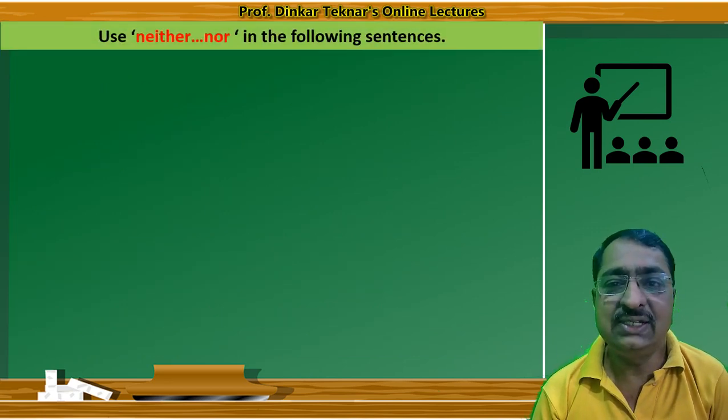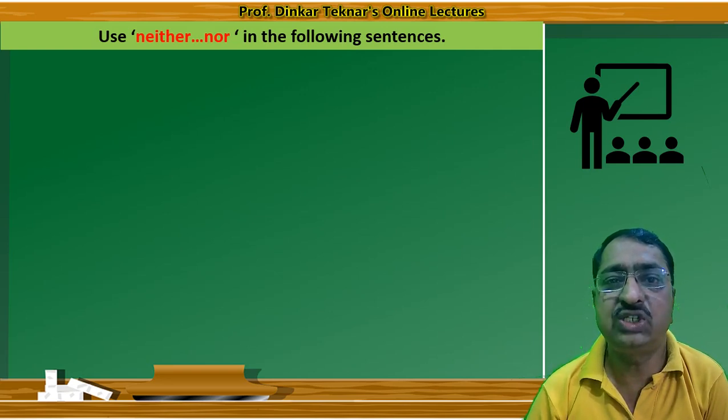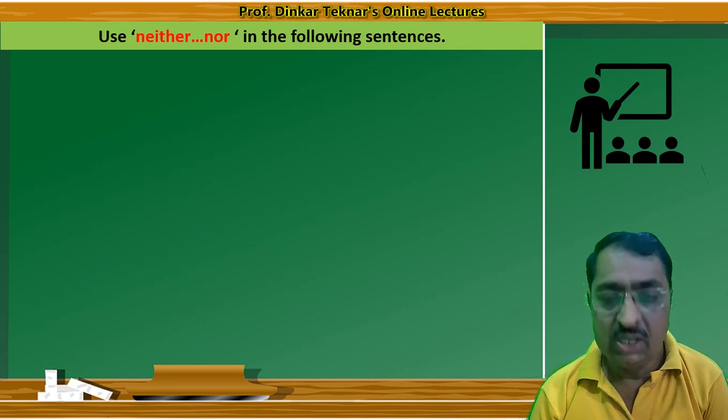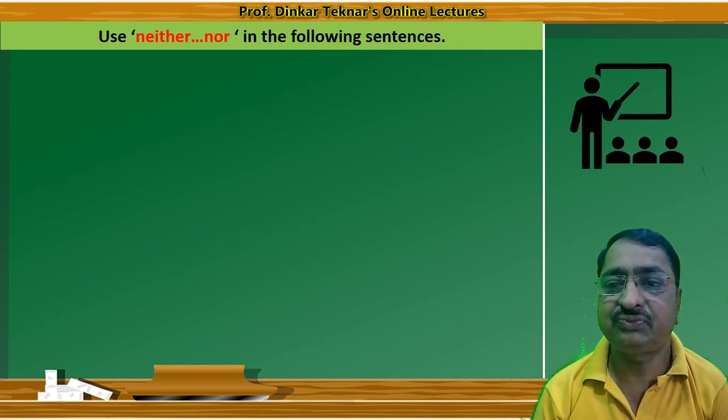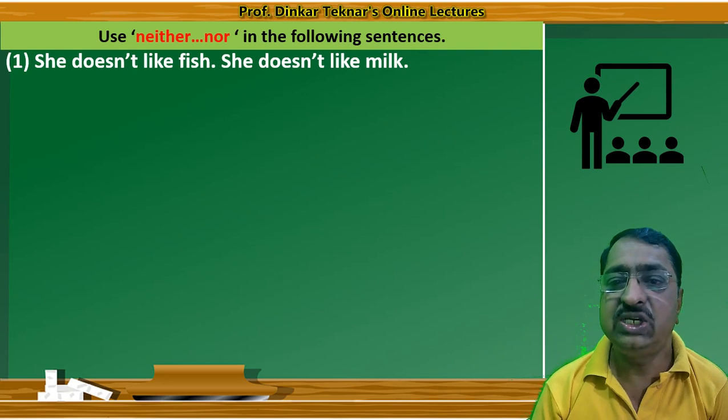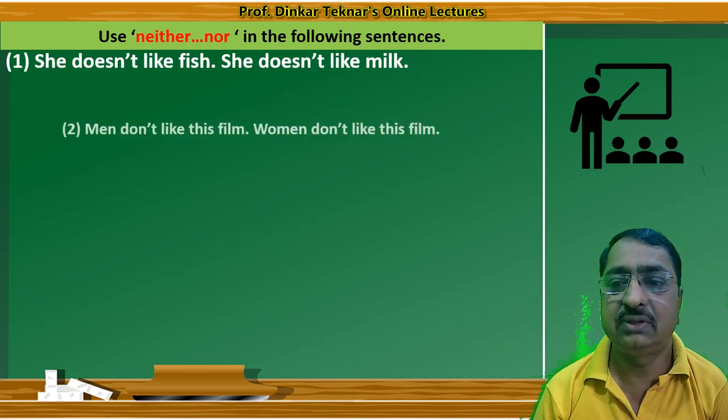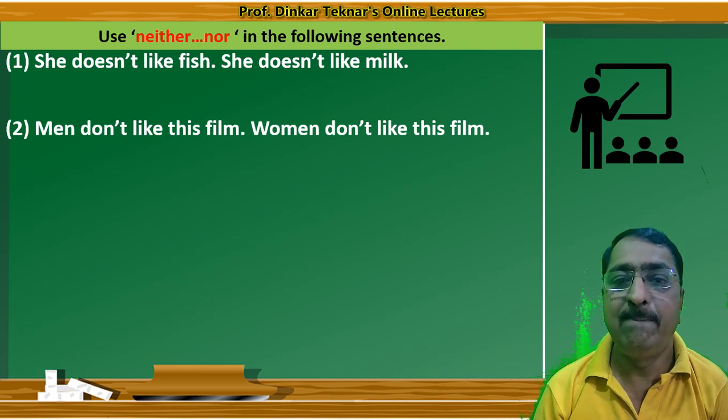Now use neither...nor in the following sentences. In each of the following sentences, two negative objects are given. So see the sentences first. She doesn't like fish. She doesn't like milk. Second sentence. Men don't like this film.